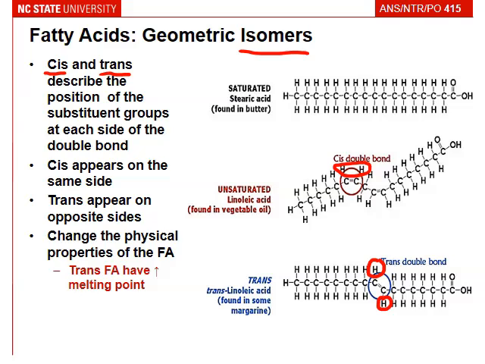When we have the trans form, you can see it's more similar to our saturated bond, and that's why our trans fats are also going to be more solid than our oils or our cis.